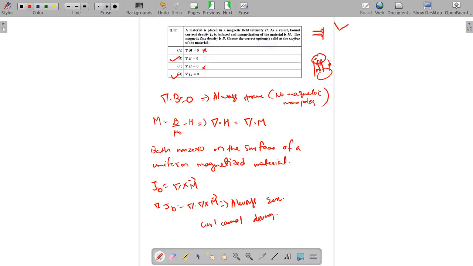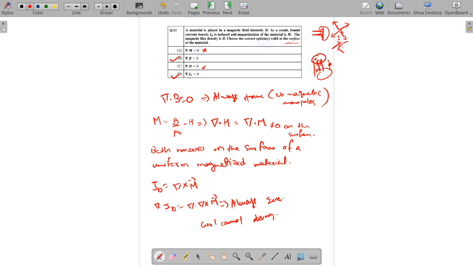You might remember, like in the case of electric field from a point charge, either it all converges to a point, or in this case divergence is non-zero. Similarly, in this case there is a divergence here on the surface. So in general it is not zero on the surface. They are asking what happens on the surface actually. So that's why del dot M, and hence del dot H, is not zero.